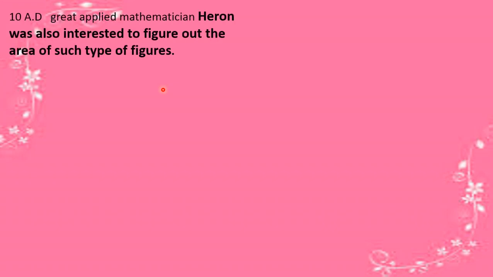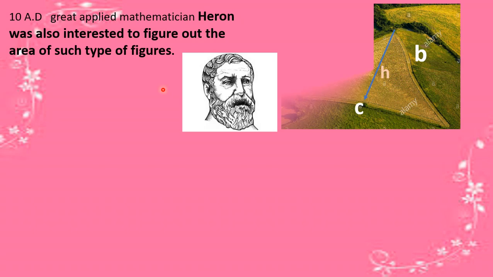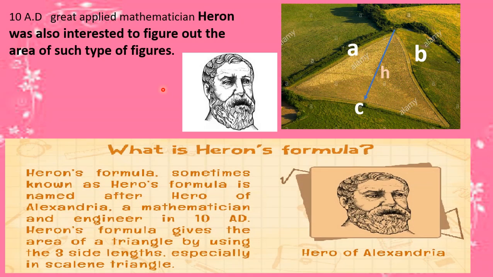So let's go back to the 10th AD. A great applied mathematician Heron was also interested to figure out the areas of such types of figures. And what he did was that he wrote the height of the triangle in terms of all its three sides.